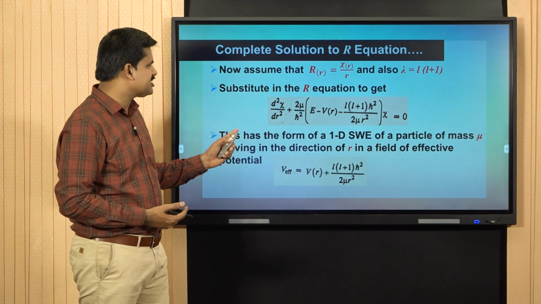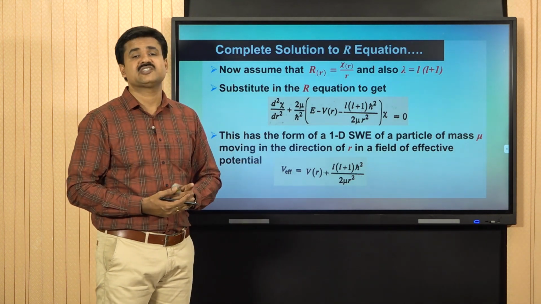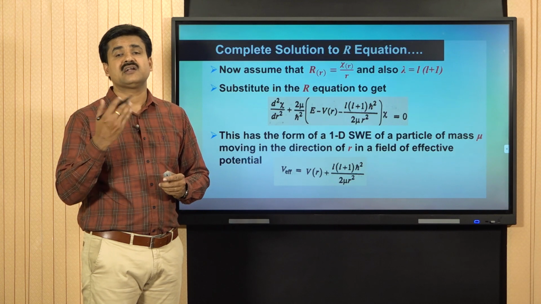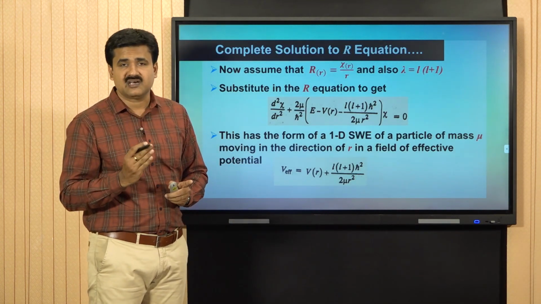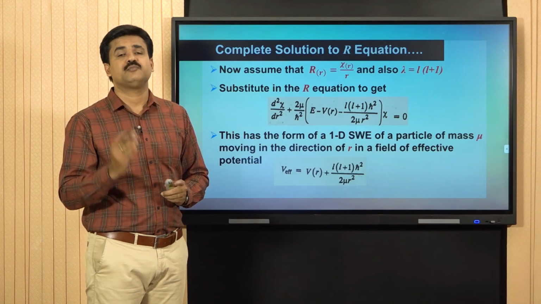This equation has the form of a one-dimensional Schrodinger wave equation of a particle of mass μ moving in the direction of small r in a field of effective potential.